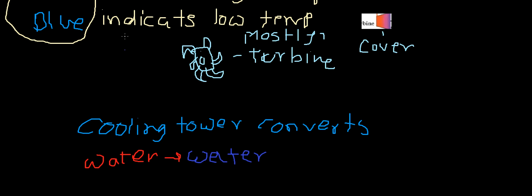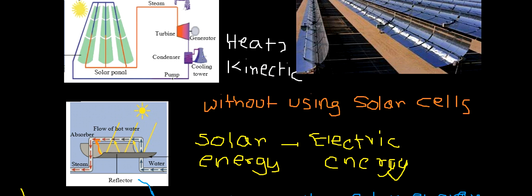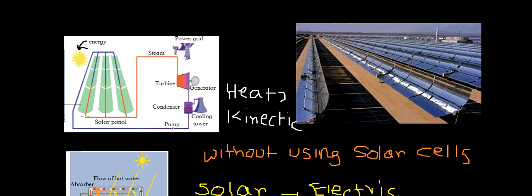So the condenser converts water at higher temperature into water at low temperature. Then this water is again sent back, and the process keeps going as long as it's daytime and we have sunlight here. And the electricity may be directly used, sent to the power grid, or stored in a battery.